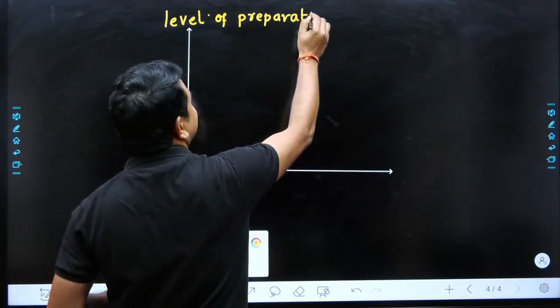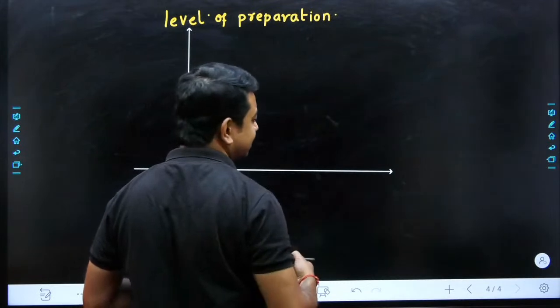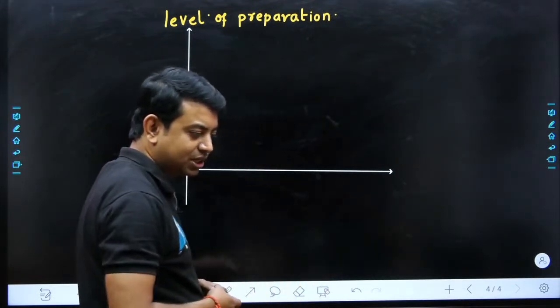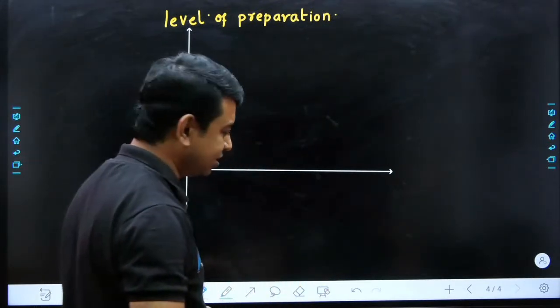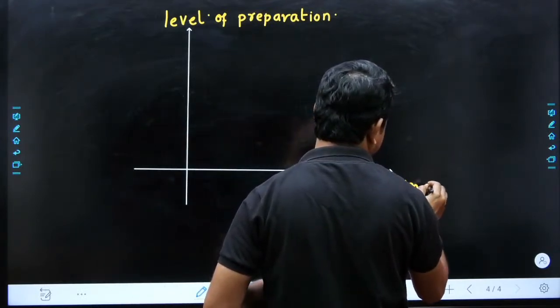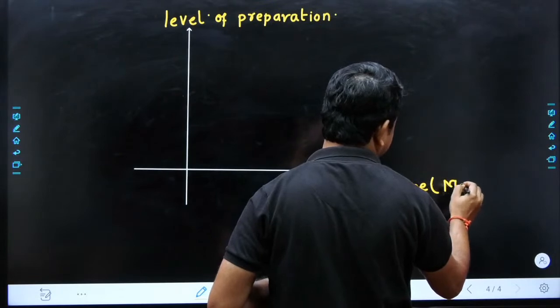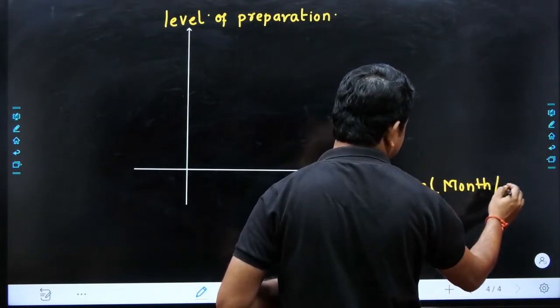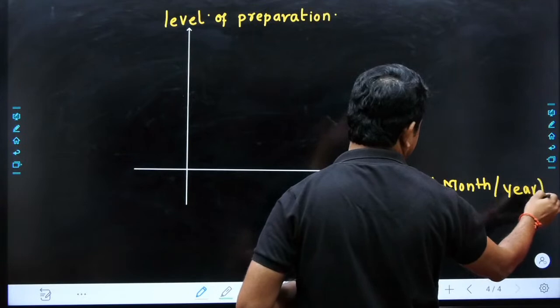I just write here, this is the y axis, and this is the time. Time means either month or year. Like this you are preparing.